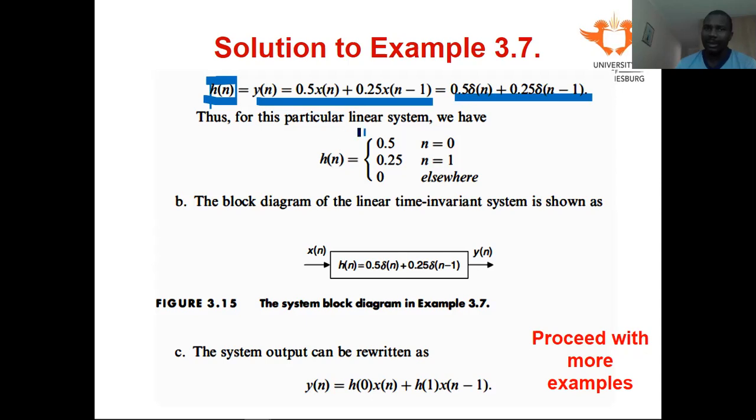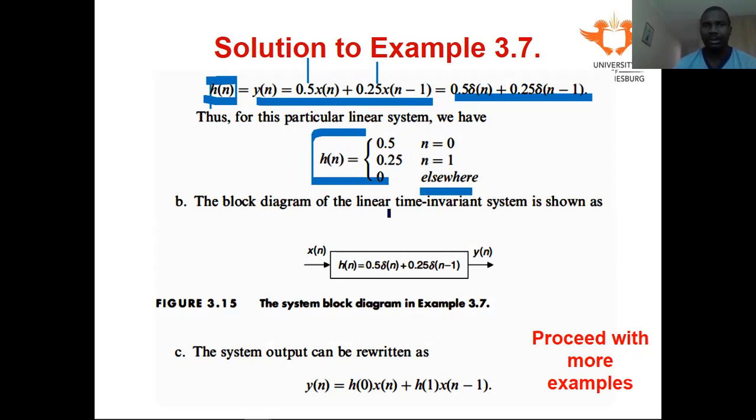Right then, how do we represent this in a set form? The only case where you have values is when n is equal to 0, and when n is equal to 1, then you have the following values. There you have 0.25, because that is your coefficient, and you have zeros elsewhere.